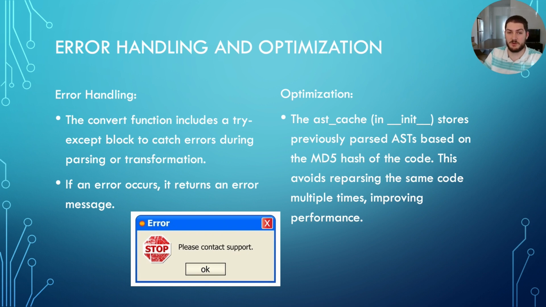If the hash is found in the cache, it means that the program has previously parsed this exact same C code. In this case, the program can simply retrieve the pre-existing AST from the AST cache instead of reparsing the code from scratch. Parsing can be a computationally expensive operation, so retrieving the AST from cache significantly speeds up the conversion process. In summary, the error handling and optimization techniques implemented in our program contribute to its robustness, user-friendliness, and performance.